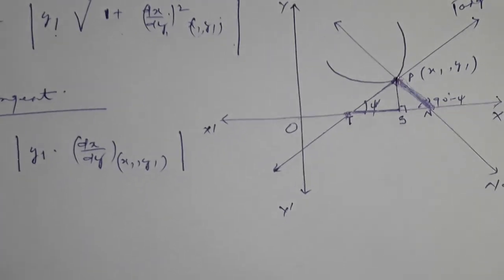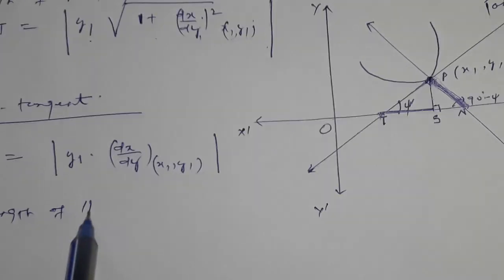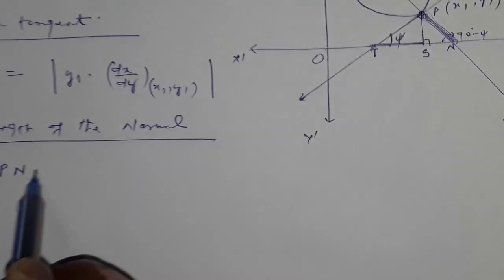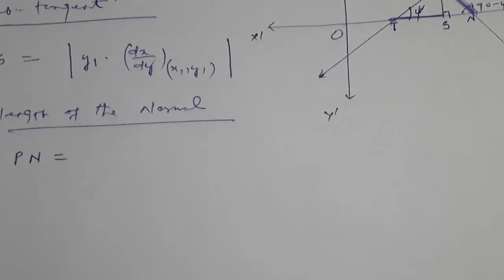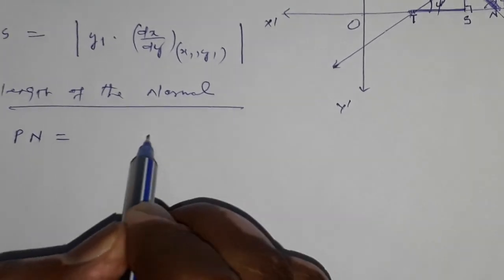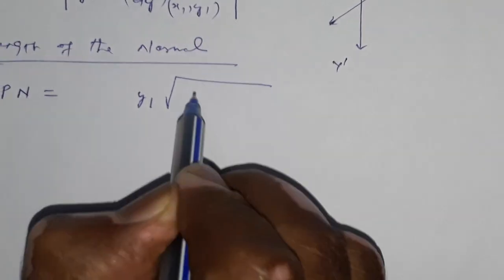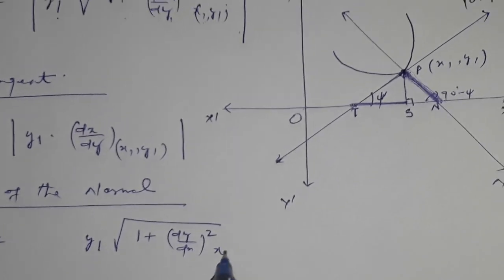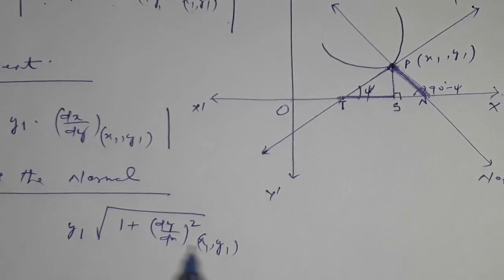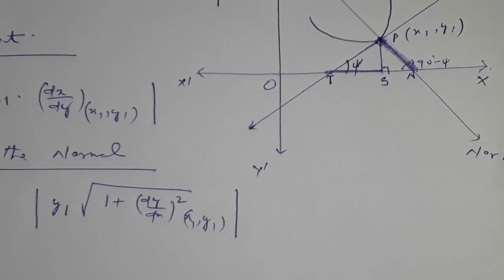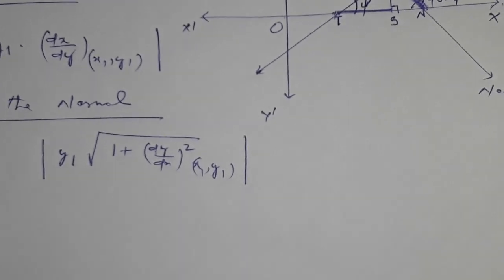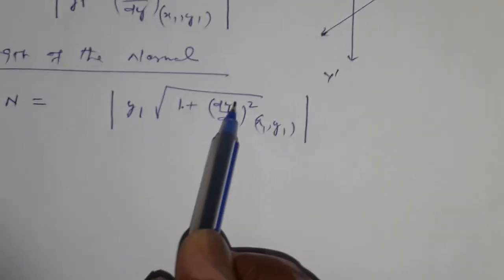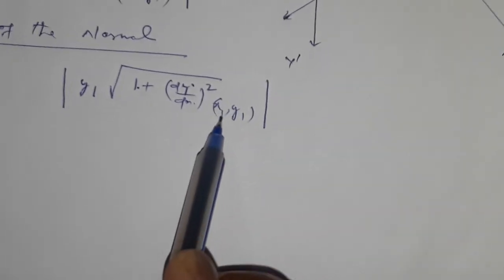So the length of the normal PN equals |y1 times the square root of 1 plus (dy/dx) whole squared at (x1, y1)|.